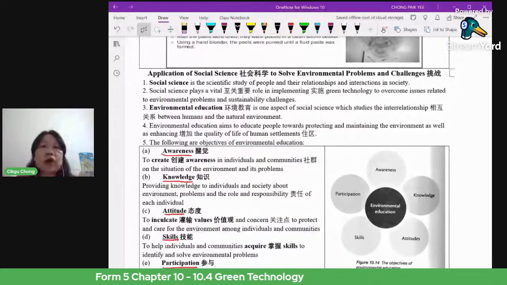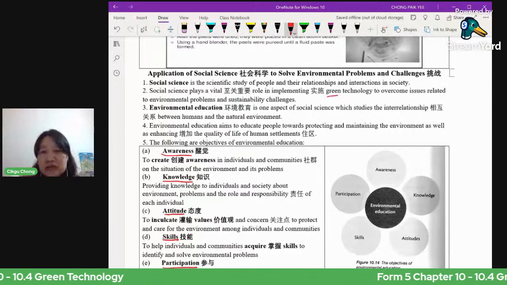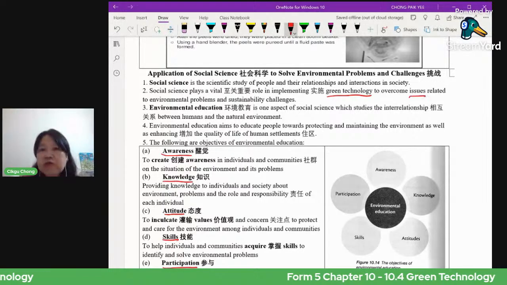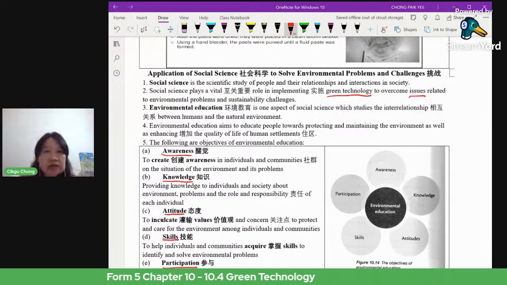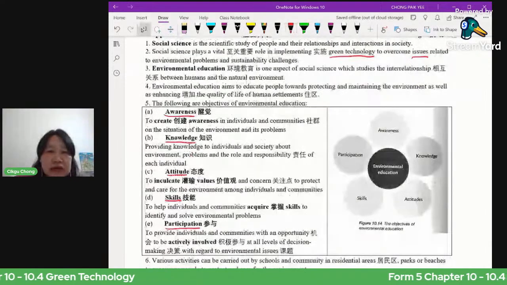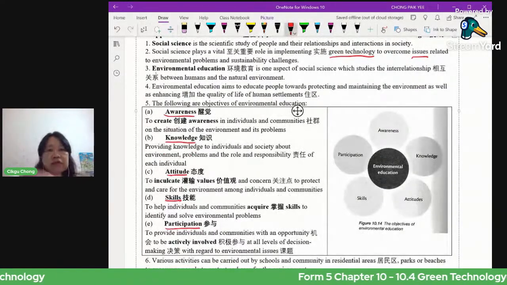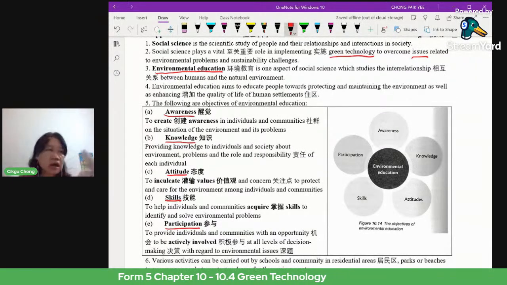But how about green technology in social sciences? Green technology should be able to overcome issues in society. What are the issues related to societies? Okay, so let's look at that. Environmental education: we need to educate the people, your uncles, your aunties, your grandfather, grandmother, right?